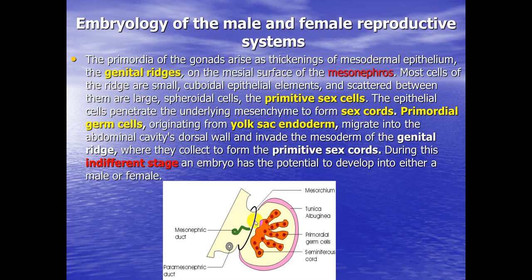These ridges are formed by small cuboidal epithelial elements and, scattered between them, the primitive sex cells. Look here, these are the genital ridges, and here you can see the primitive sex cells, gonoblasts.